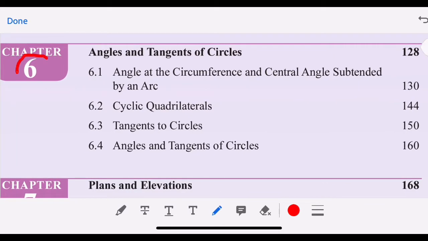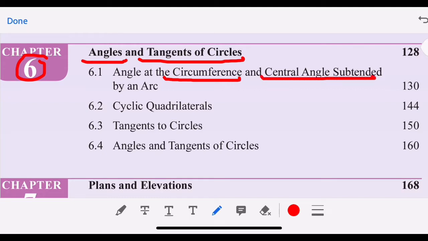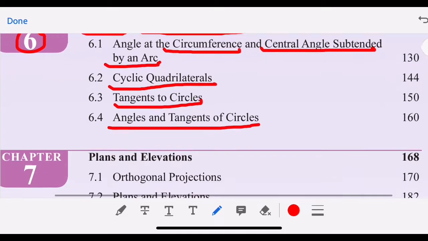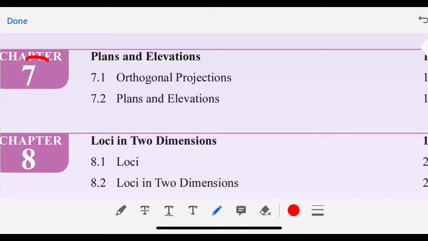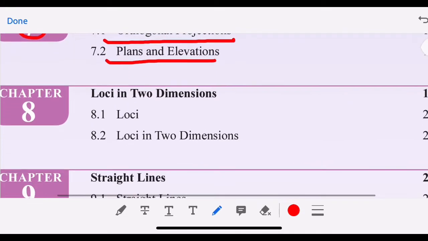Chapter 6 will be angles and tangents of circles, angle at the circumference, and central angle subtended by an arc, cyclic quadrilaterals, tangents of circles. Chapter 7 will be plans and elevations. So the basic concept is orthogonal projection, plan and elevations.